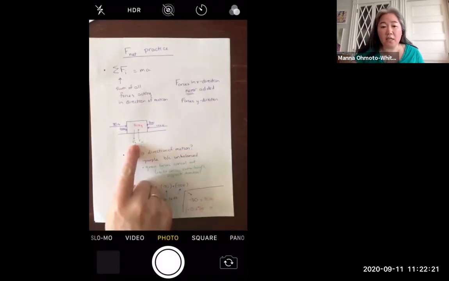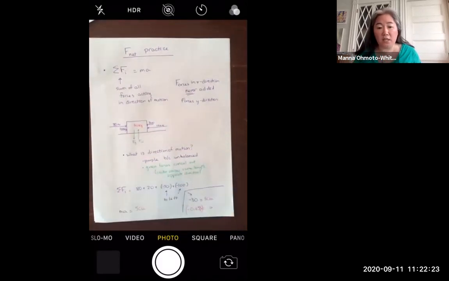So I have here an example. I have a box that's 50 kilograms. So just a reminder that the mass always goes inside the box. And there's lots of forces acting on it, 6 forces to be exact. I've color-coded it so that the x direction forces are in purple, and the y direction forces are in green.